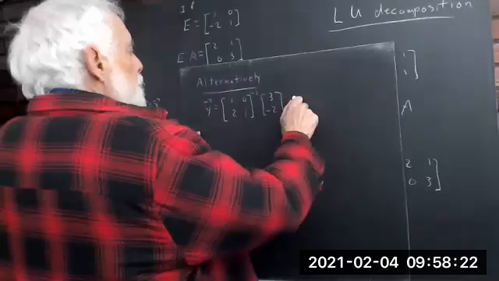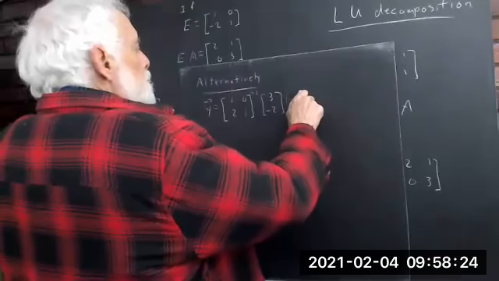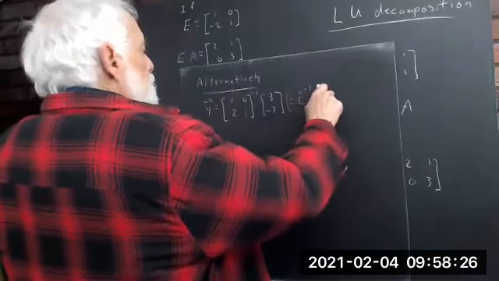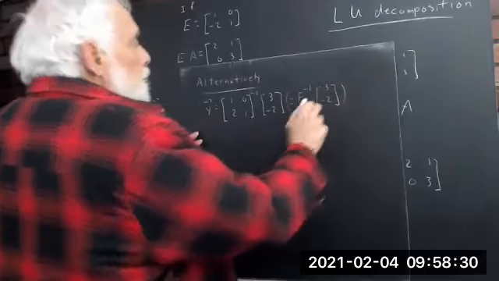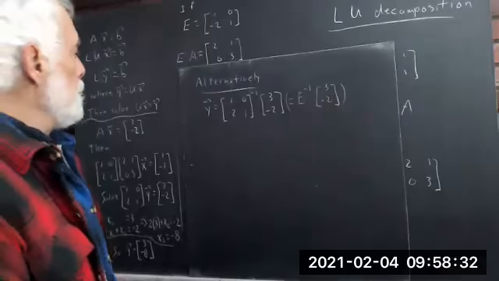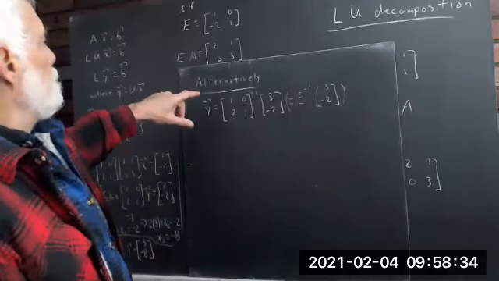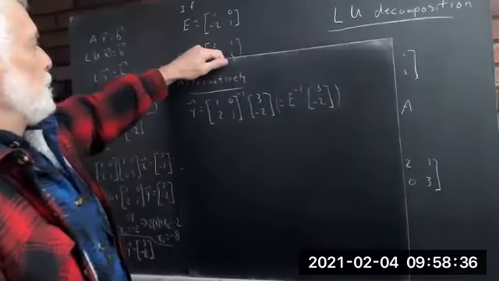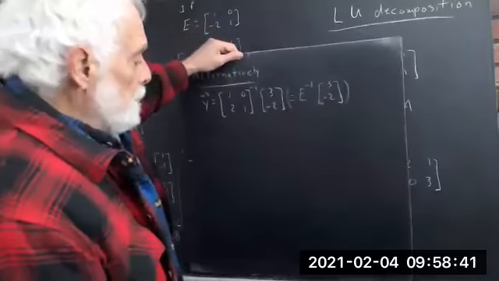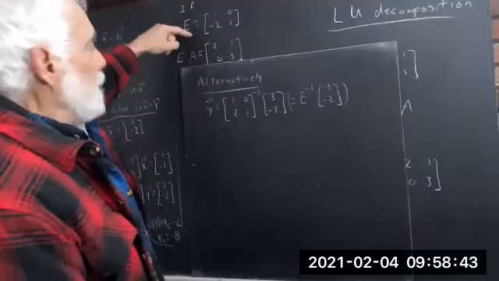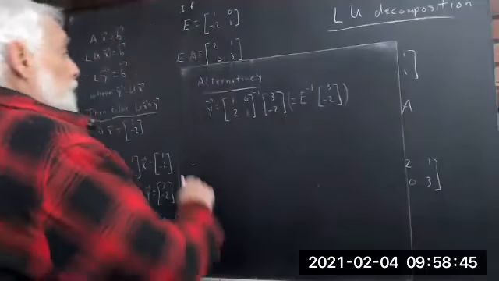In other words, A can be expressed this way in LU form. It can be expressed this way in LU form. So our E inverse times 3, negative 2, because right there we've got it. There's our E inverse. Of course, we just look at our E and see what E inverse is.